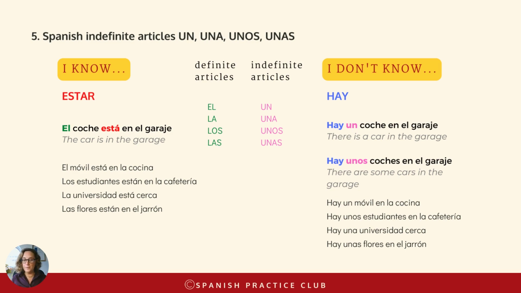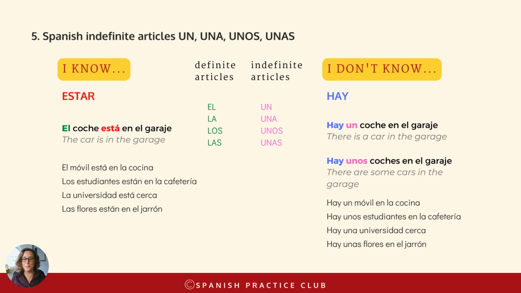The mobile is in the kitchen. I know whose mobile it is. I'm maybe talking about mine or somebody else's. If I just want to acknowledge that there is a mobile in the kitchen, I would just say hay un móvil en la cocina. So the verb hay with the indefinite article un, because móvil is singular masculine.